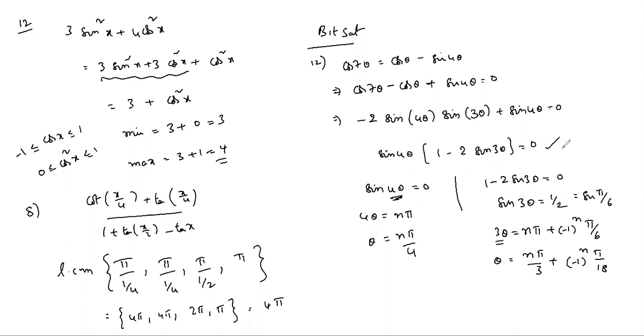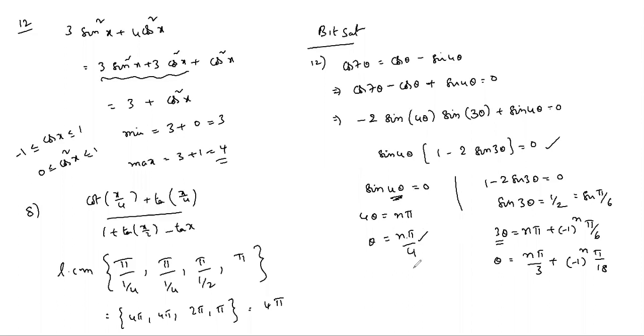Solving depends only on the problem, you have to think. At last we will get the same type of solutions: sin theta equal to sin alpha, cos theta equal to cos alpha, or sin theta equal to 0, cos theta equal to 0. Sin theta equal to 0 or tan theta equal to 0 gives n pi. Cos theta equal to 0 gives odd multiples of pi by 2, 2n plus 1 into pi by 2.